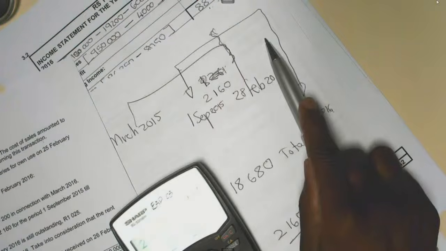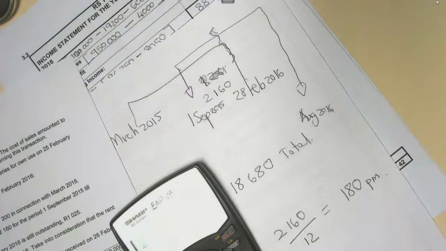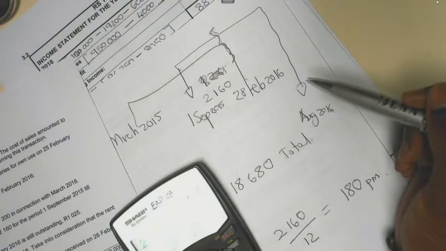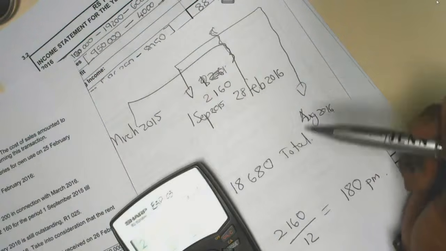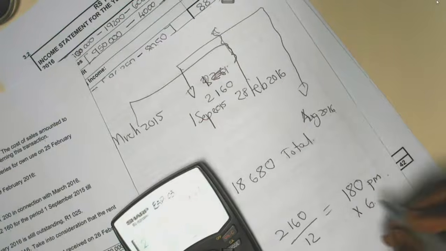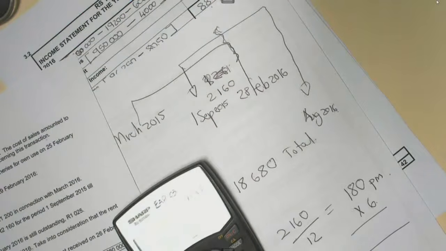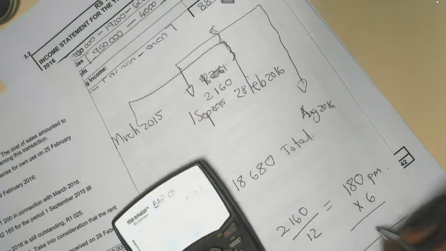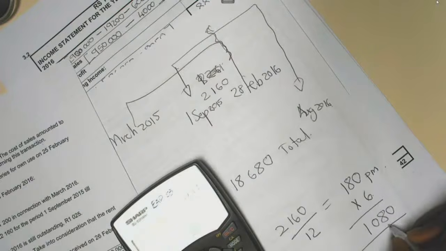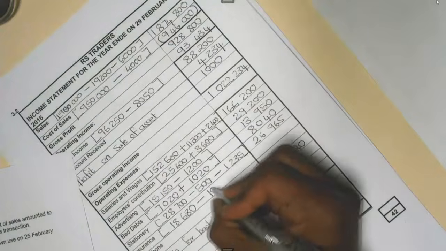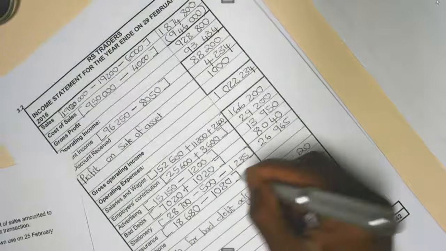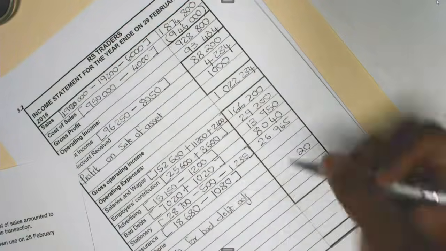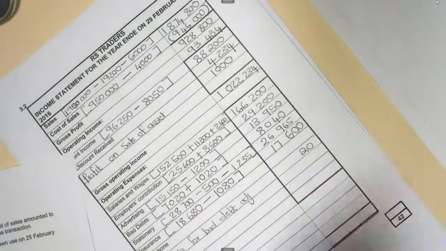But all those after February are in advance, which means March, April, May, June, July, August, the 6 months of 180s. So multiply by 6, it gives you 1,080. The 1,080 is not for our financial year, it's a prepaid expense. Then we will have to exclude it. So minus 1,080. Then the difference between the two will give us 17,600 as our insurance.